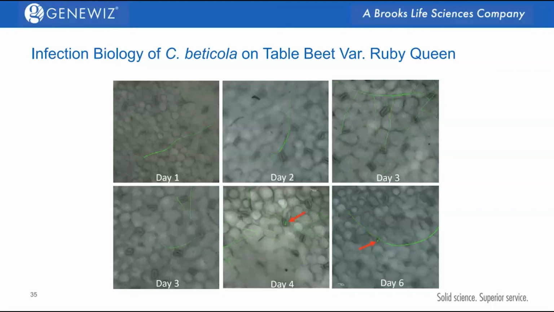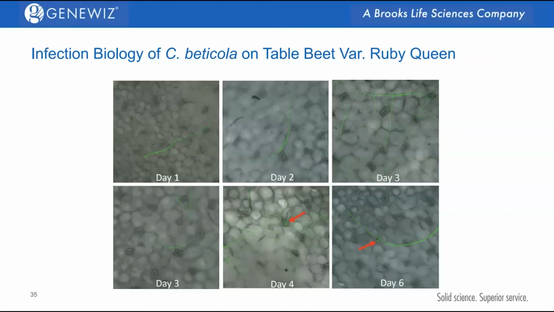By day 2 and day 3, you can see the spores beginning to germinate and growing on the surface of the leaf. By day 3, the fungus is already producing this extensive network of hyphae on the leaf surface.